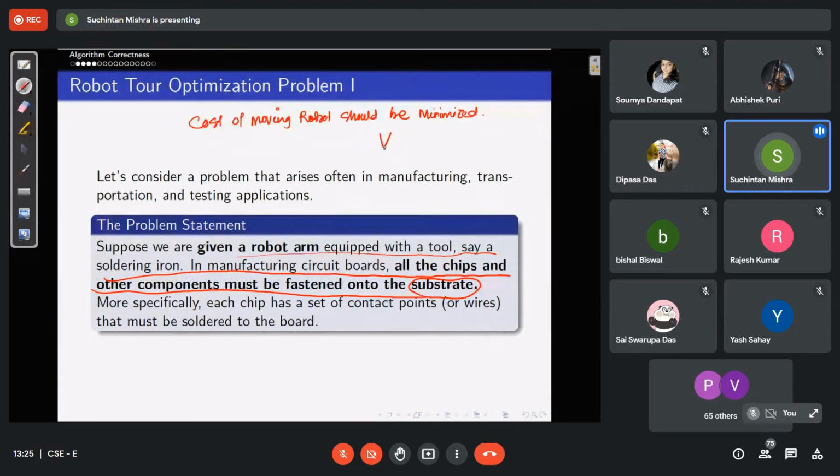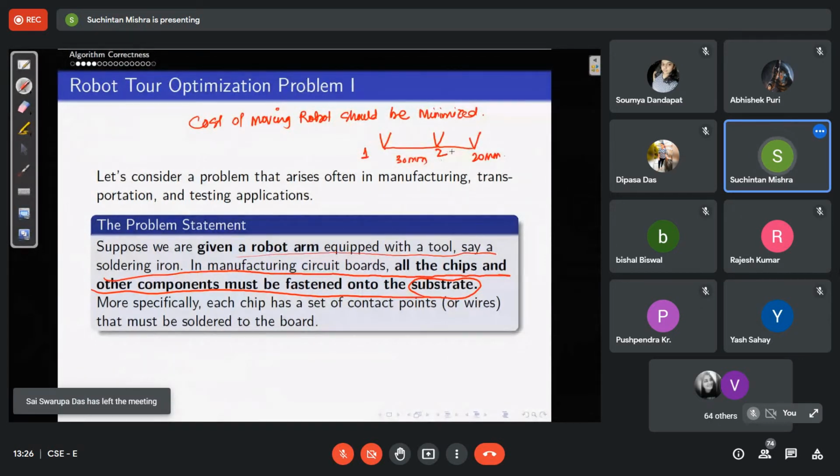So if we move this robot from point 1 to point 2, suppose the distance on the board is 30 millimeters. Similarly, if I move to point 3 now, the distance will become something like 20 mm.